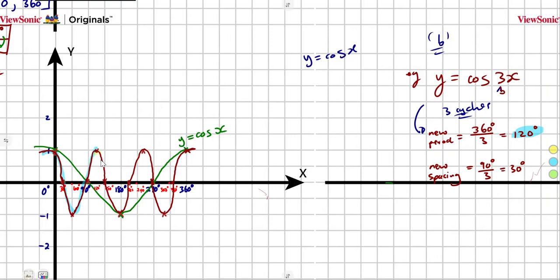Another cycle we have here at 240. Then we have the third one, which is the last segment, up to 360. So you can see graph of a cos, graph of a cos, graph of a cos. Three of them formed from 0 to 360.